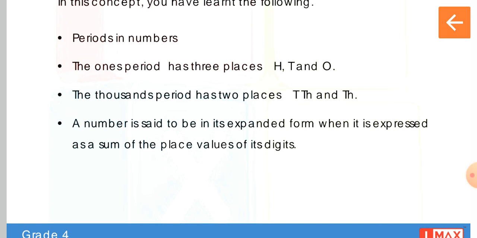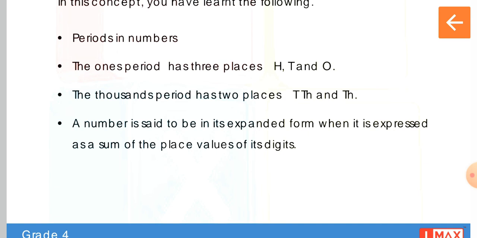These 3 places together are called the ones period. And the thousands period has 2 places, thousands and 10,000s.